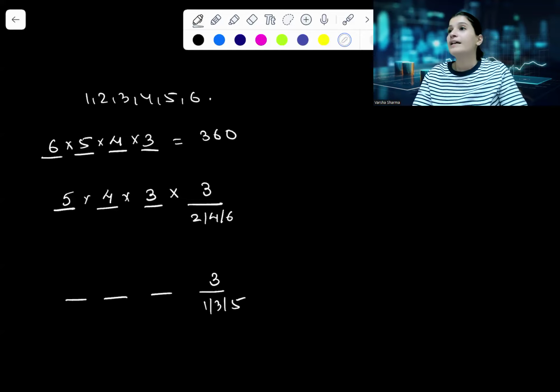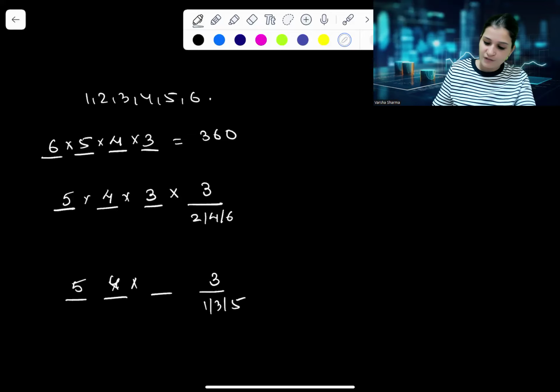What is the divisibility rule for 4? Ma'am, the last 2 digits should be divisible by 4. Yes. The last 2 digits should be divisible by 4. Agree?